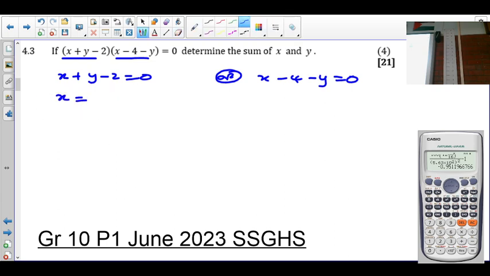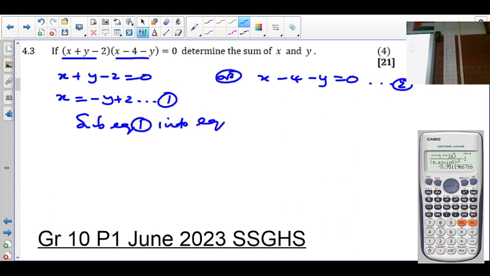So x is equal to minus y plus 2, and this is equation 1, and this is equation 2. So I'm going to substitute equation 1 into equation 2. Whenever I see an x, I'm going to replace it with minus y plus 2. So it's minus y plus 2 minus 4 minus y is equal to 0.